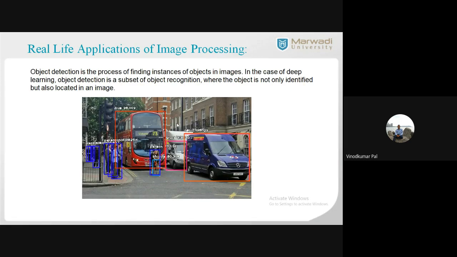So one more real life application of image processing is object detection, like driver's license cards. In foreign countries a lot of research is happening, and in India also a lot of people are working on it.